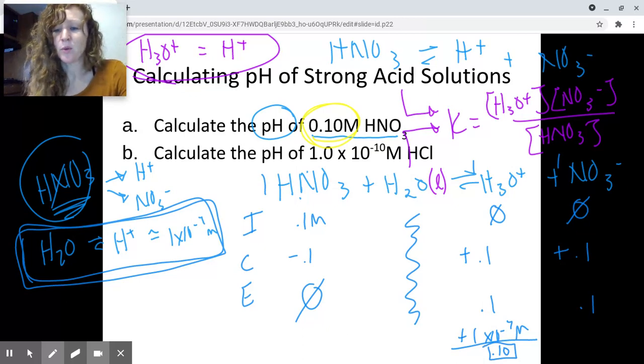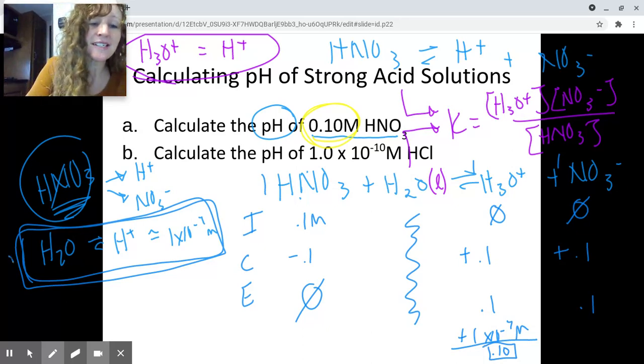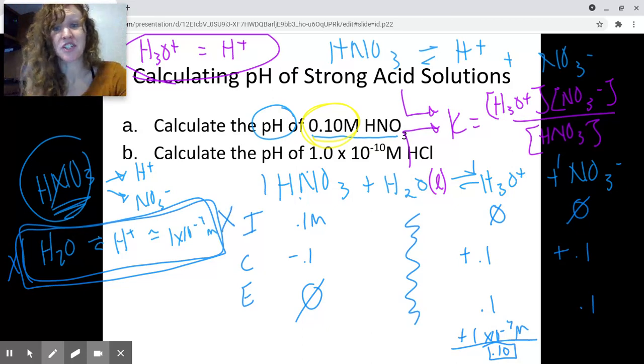You get 0.10000001, and we're going to round that off to 0.10. So no, the water is not adding a significant amount of H plus, so I can just ignore it and just use the H plus that is produced by HNO3.